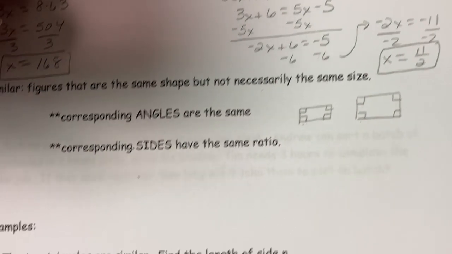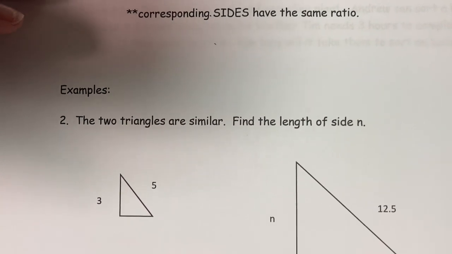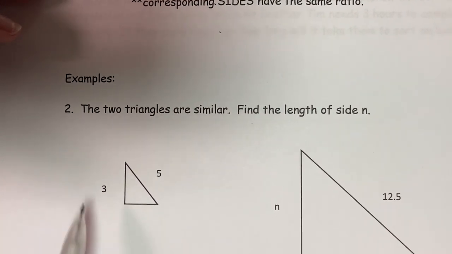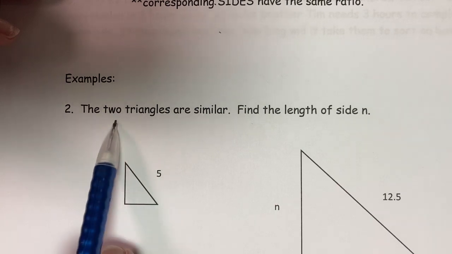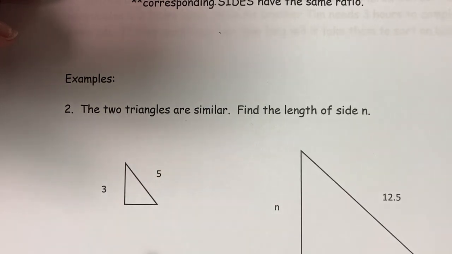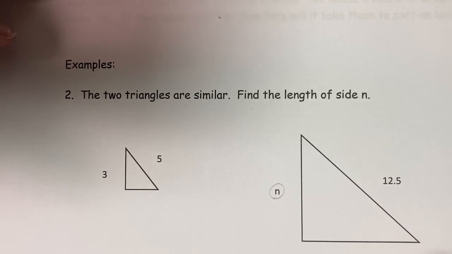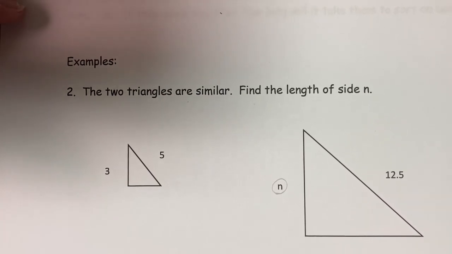Okay, so how does that come about when we have a problem, something like this? If you look at number 2, first of all, I'm telling you that the two triangles are similar. So that means that the angles are the same. That's quite honestly irrelevant here. We are going to be looking for the length of side N. So what we're going to do is set up a proportion.